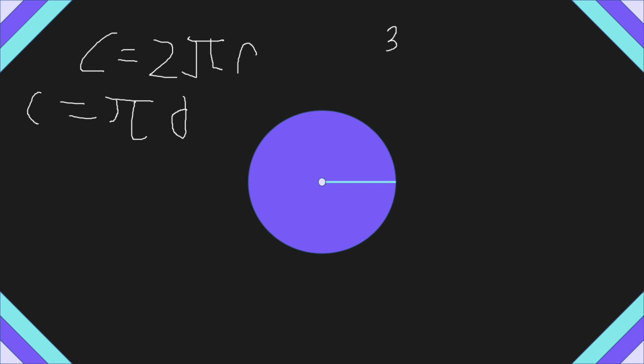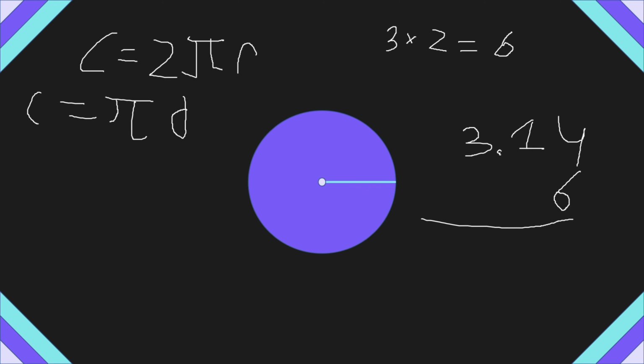So we know that 3 times 2 is equal to 6. We know that from our multiplication tables, because that's really easy. And now we multiply that number times pi. So 3.14 times 6. Let's do that. 6 times 4 is 24, so 4, carry 2. Then 6 times 1 is 6, plus 2 is 8.